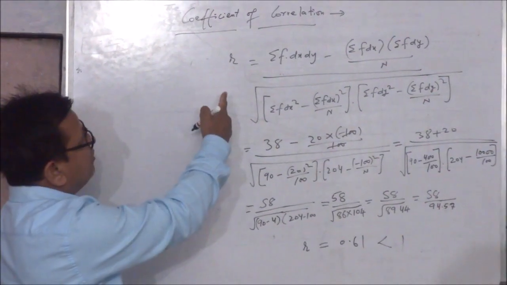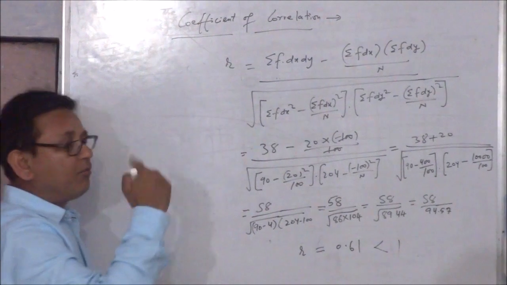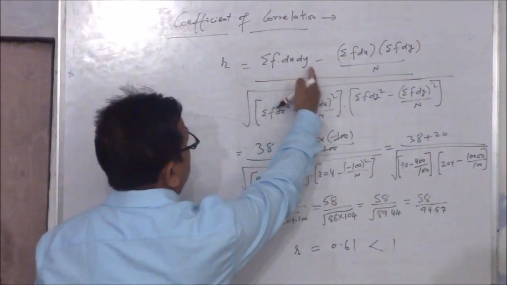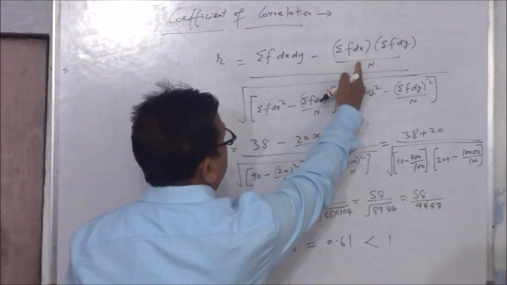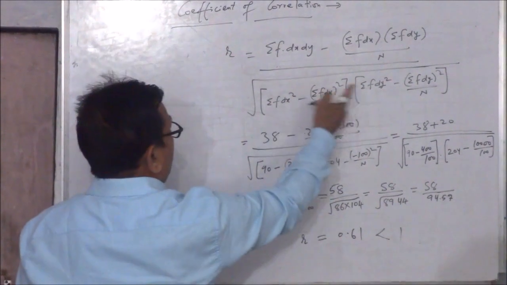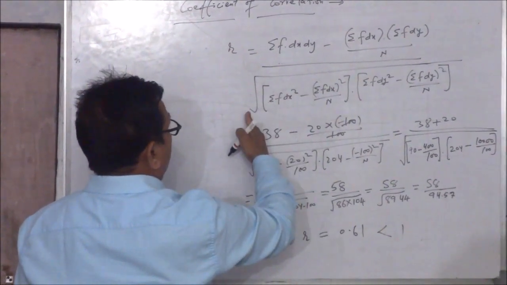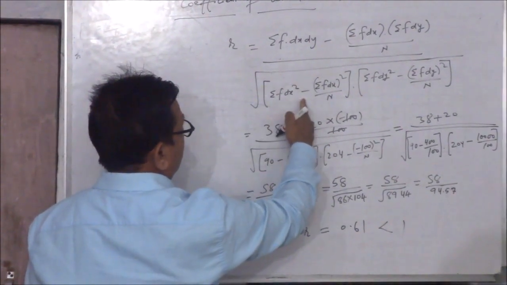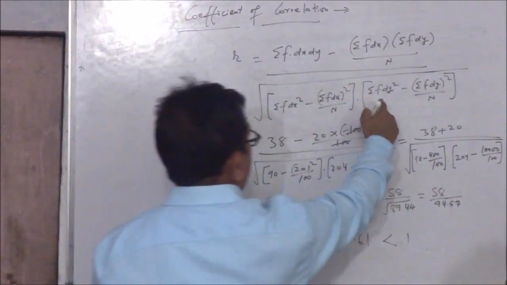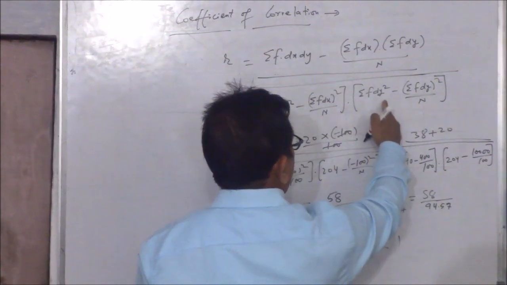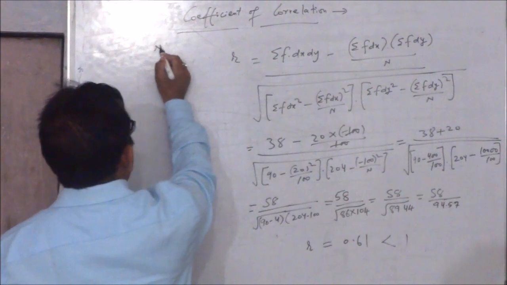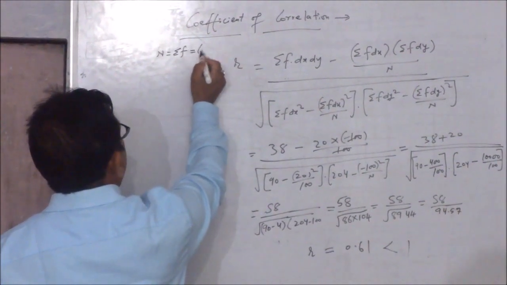Now this is the formula for coefficient of correlation for group data. This is r equal to summation f into dx dy minus summation f dx into summation f dy upon n, divided by under root of summation f dx square minus summation f dx its whole square upon n, into bracket start summation f dy square minus summation f dy its whole square upon n, where n is the total frequency, which was 100.